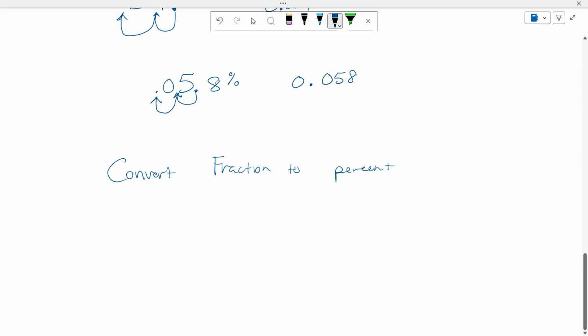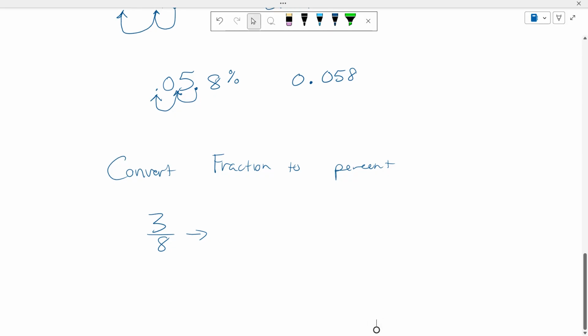We're going to convert a fraction to a percent. So if we have 3/8 and we're going to convert it to a percent, let's change it into a decimal first. What's 3 divided by 8 as a decimal? 0.375.